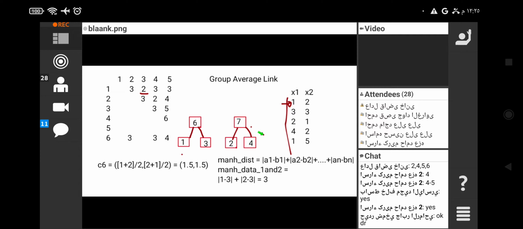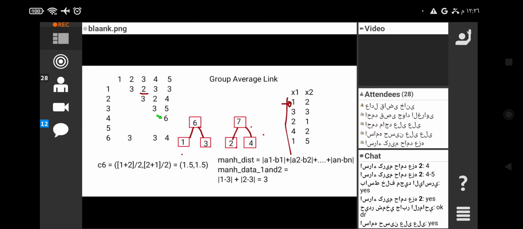Now we have to find the distance of cluster 7 with the other clusters. The other clusters are cluster 5 and cluster 6. We have to find the distance between cluster 7 and cluster 5 and cluster 6.